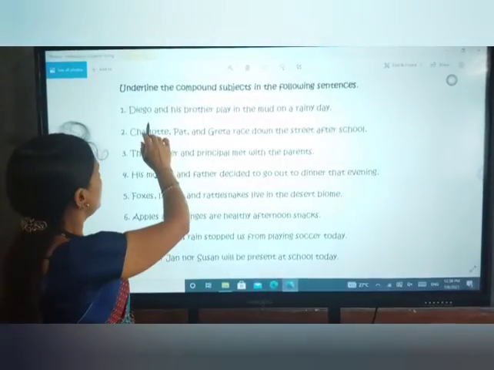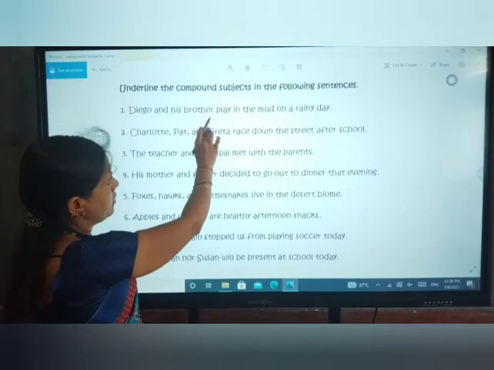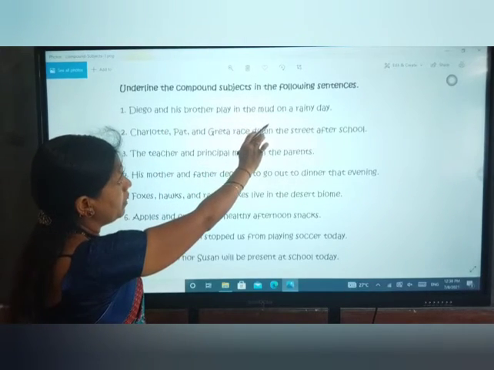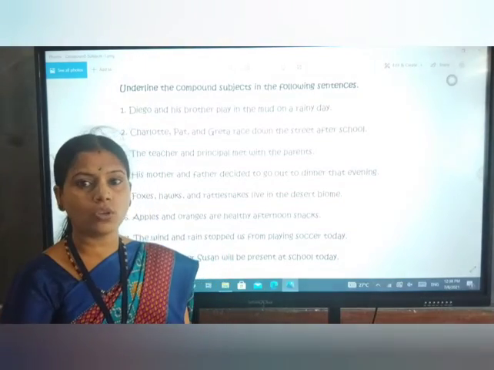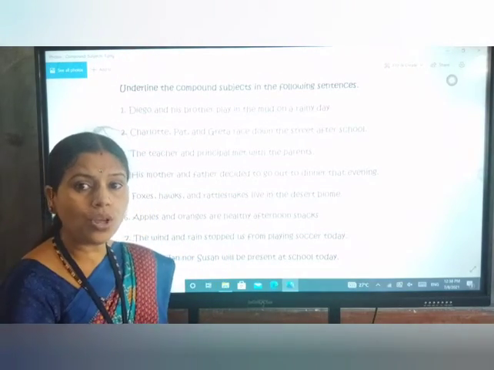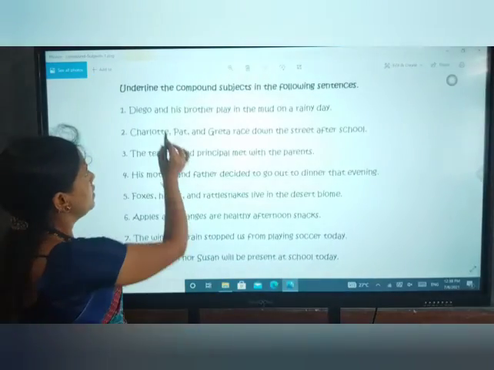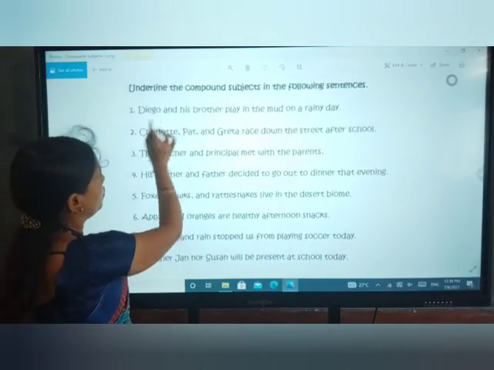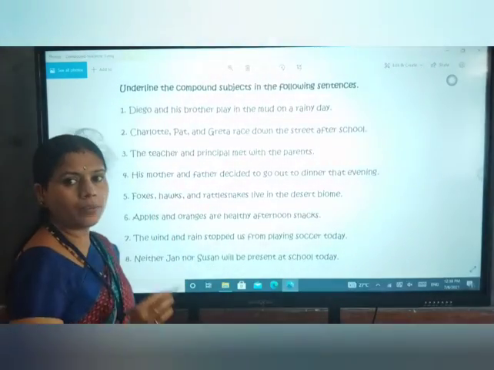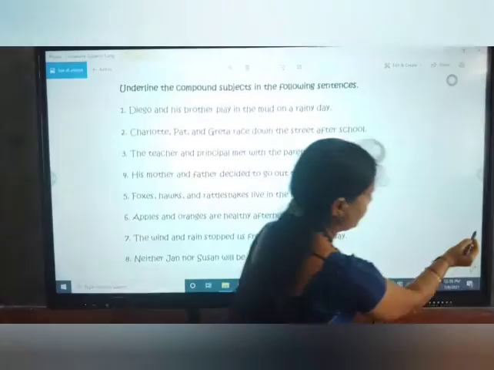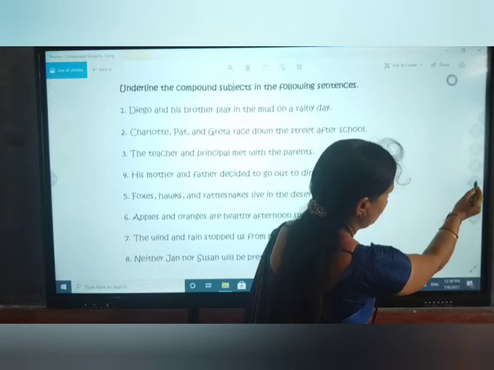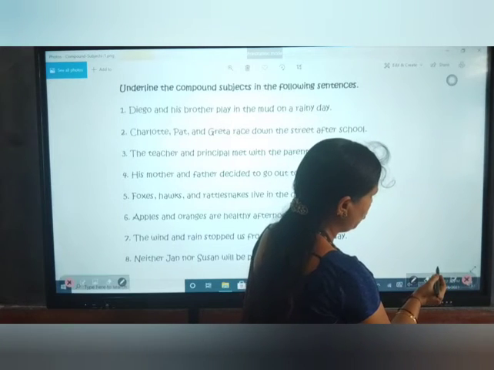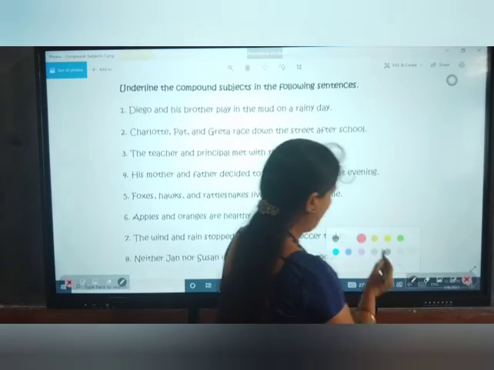First sentence here: Daigo and his brother play in the mud on a rainy day. Now tell me how many nouns or pronouns are here. Two nouns are there here. This joining word, and, is joining the two nouns. So this conjunction is joining the two nouns here.